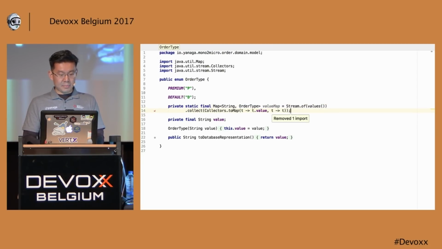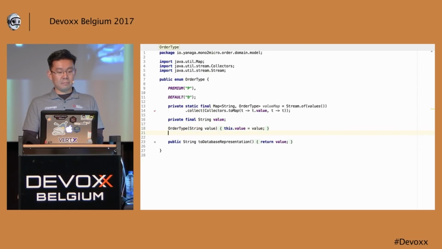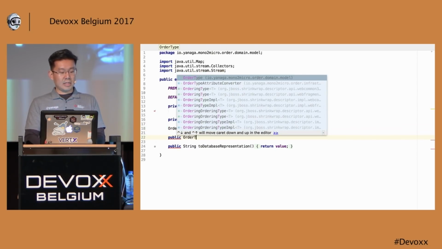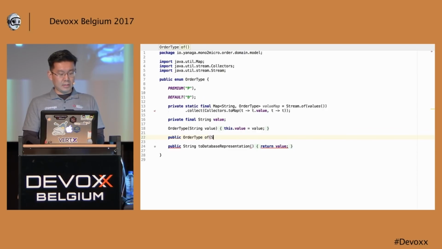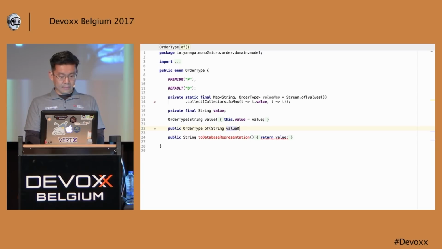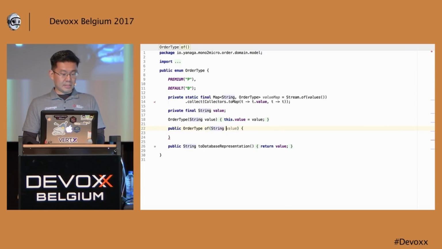The problem is that this map is not immutable, but since it's private, nobody's using it from outside, I can guarantee that nobody will be changing that. And I can create just a factory method here, which can be public order type of string value, or maybe since I know it's going to be dbData, return value map.get dbData.